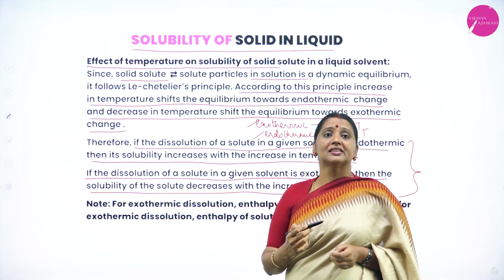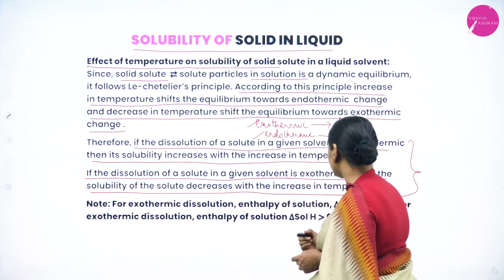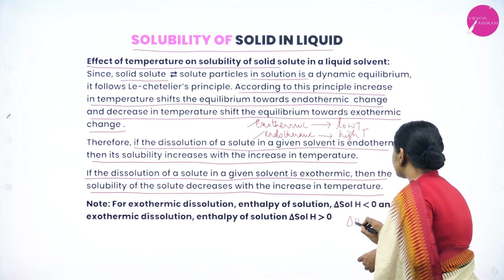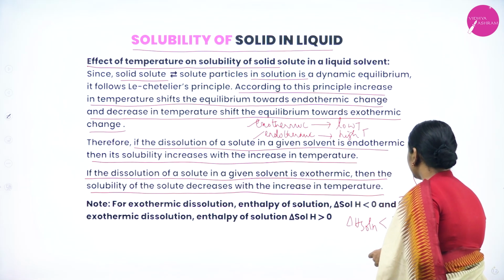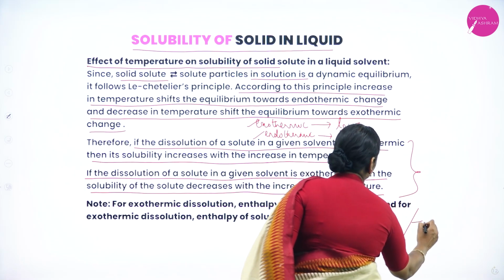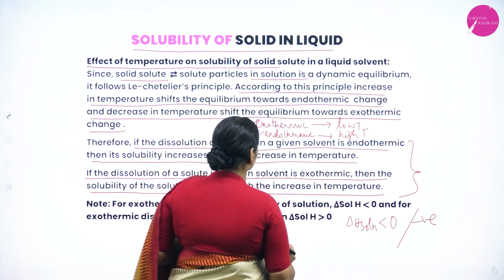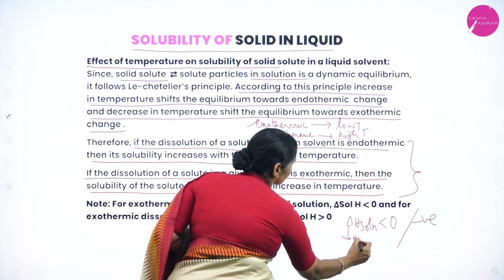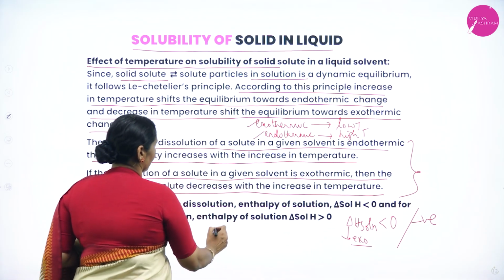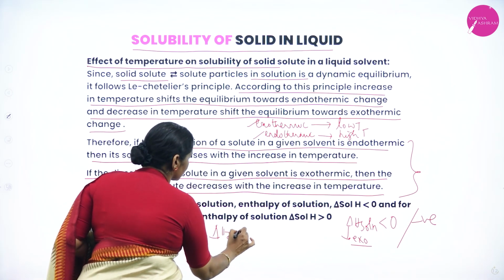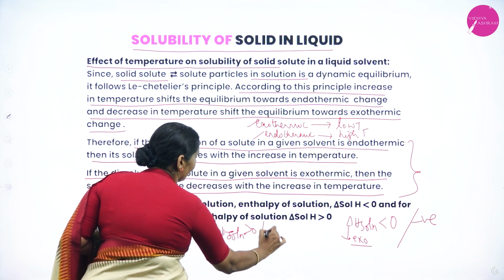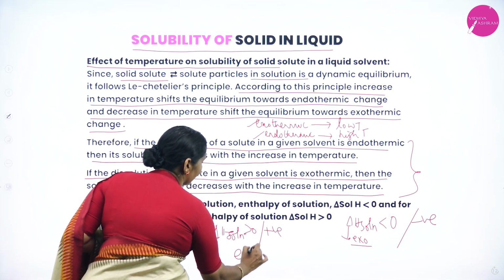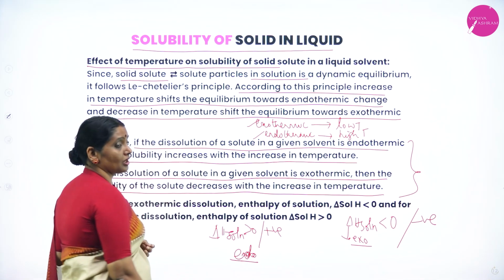How do you identify whether reactions are exothermic or endothermic? When the enthalpy of solution is less than 0, or negative, the reactions are exothermic. When the enthalpy of solution is greater than 0, or positive, they are endothermic reactions.